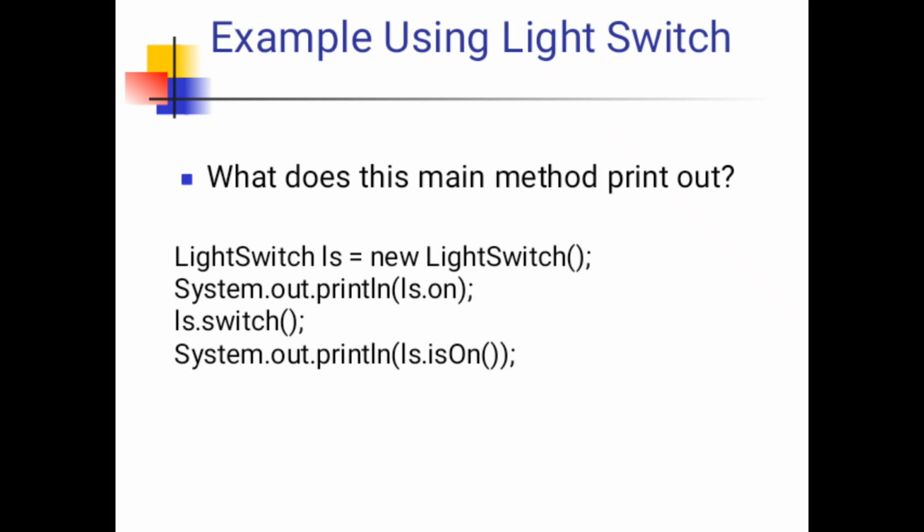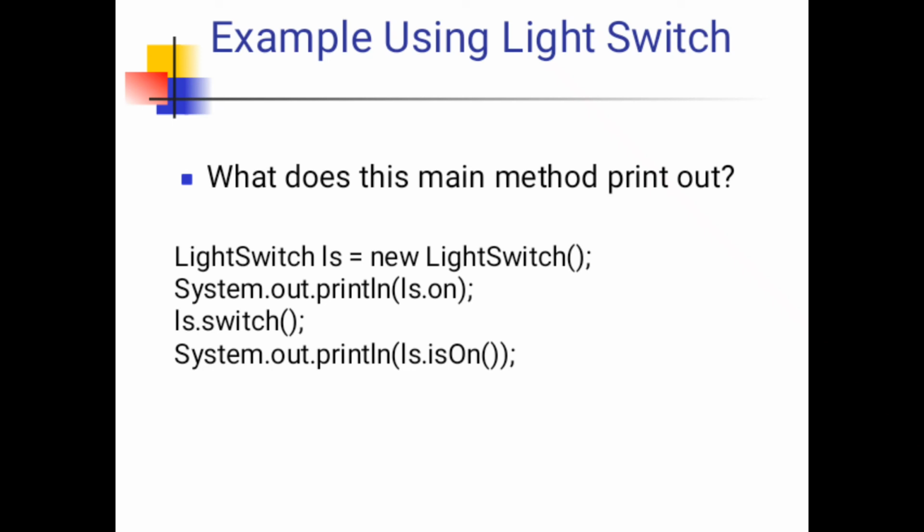Example, using LightSwitch. What does this method print out? LightSwitch x is equal to new LightSwitch. System.out.println x.isOn, then x.switch, which is the method, and then System.out.println x.isOn.